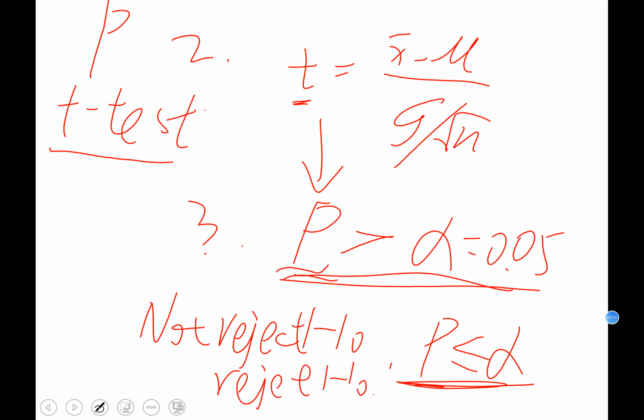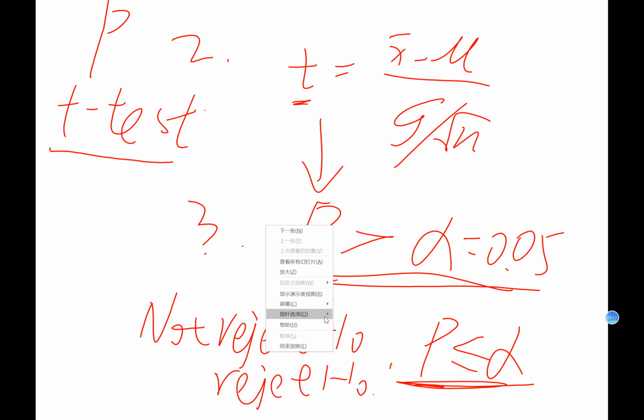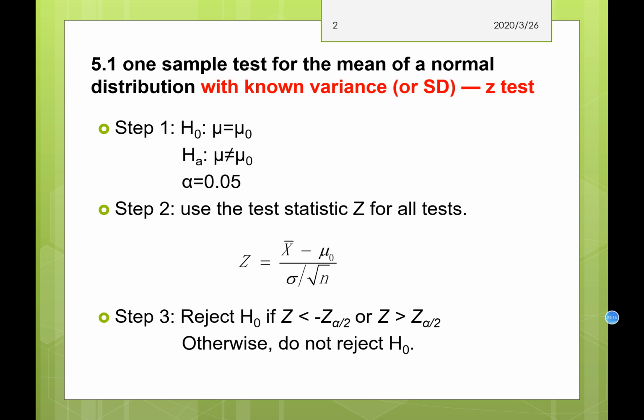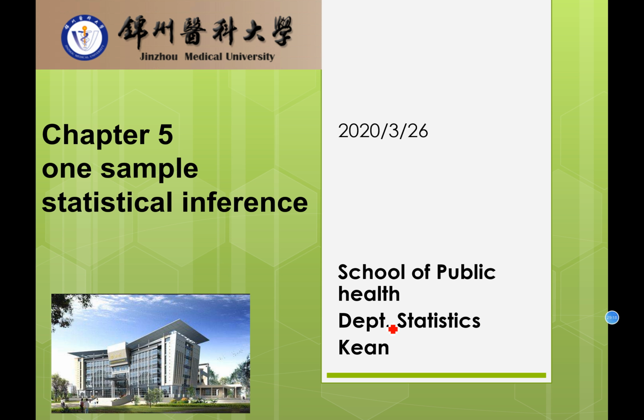And this class, we will talk about some special methods for hypothesis testing and estimation. Today we will start a new part in medical statistics. That is chapter 5.